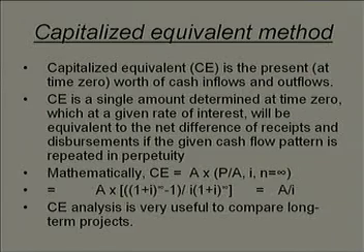You can cross-check this based on your knowledge of limits and calculus. For the time being, just understand that capitalized equivalent is A divided by I, where A is your annuity, that means the equal sum of money, divided by the rate of interest.